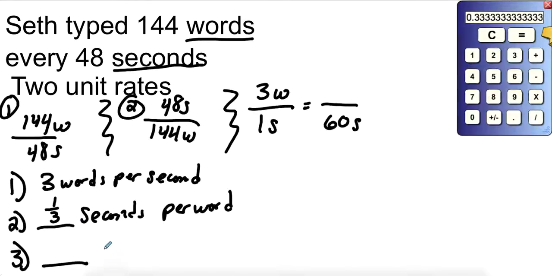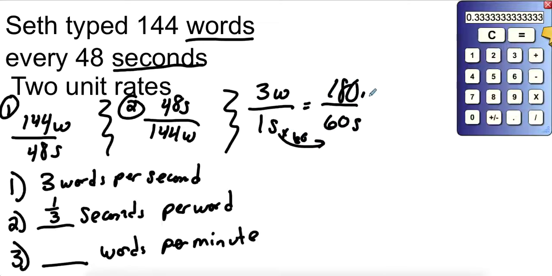So we're going to have a blank number of words per minute instead, because that's still a unit rate, because we're still keeping one of these units at 1. It just happens to go from 1 second to 1 minute. So 3 times 60, because 1 times 60 is 60. 3 times 60 gives me 180 words per minute.